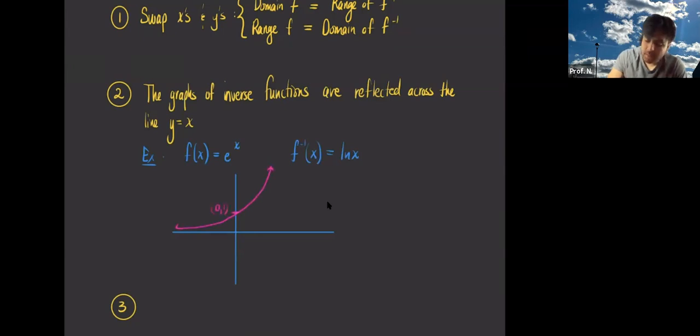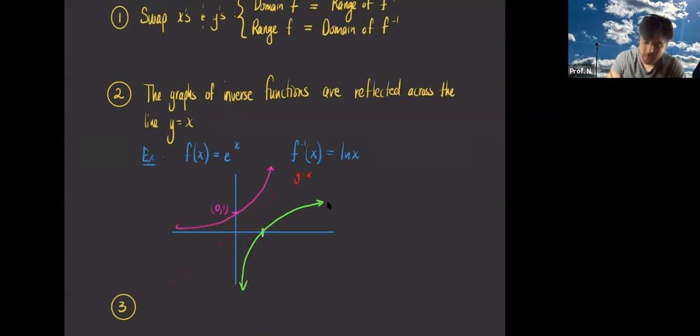Then what happens to the ln of x? If you draw a line, I'm going to dash it, y equals x, and I reflect this graph across this line, y equals x, this is what I get. I get a graph just like that.